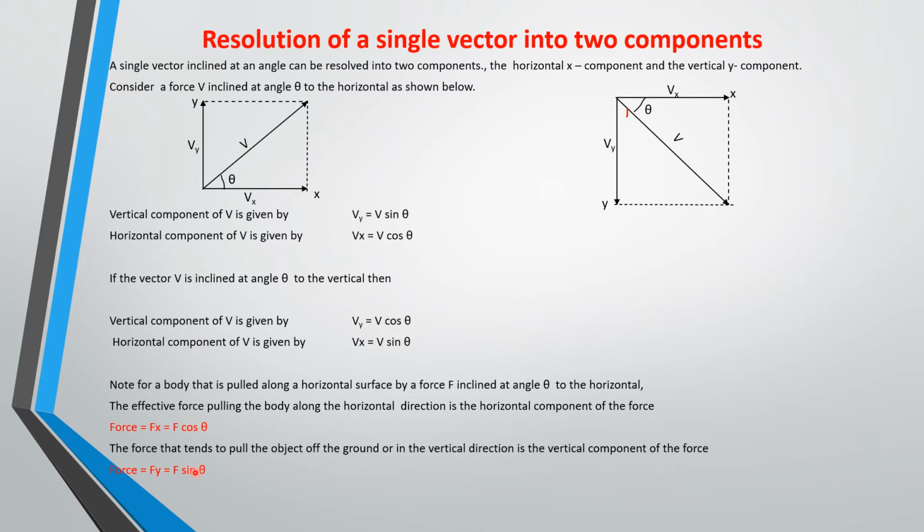So that is like the horizontal component and the vertical component of the force. Is that okay? So we are going to solve some problems to drive home this equation that we just discussed. Right, so let's go straight and solve some problems.